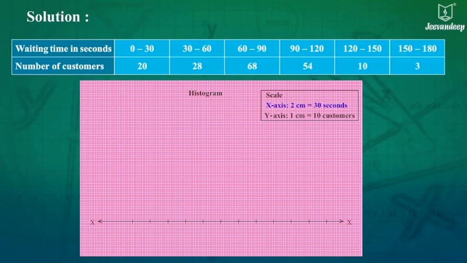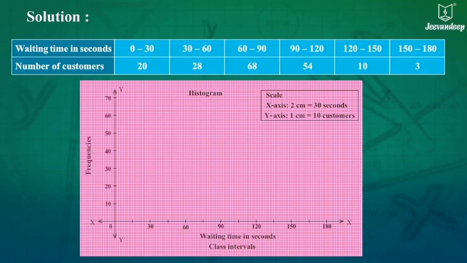X-axis: 2 centimeters equals 30 seconds. Y-axis: 1 centimeter equals 10 customers. Take extended class intervals, that is, waiting time in seconds in this case, on the x-axis.